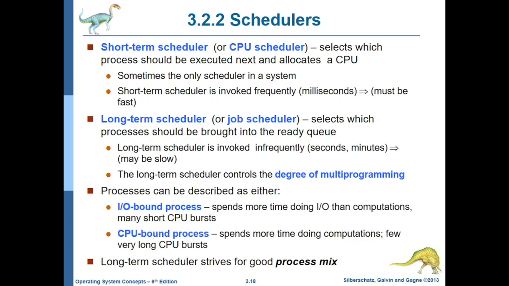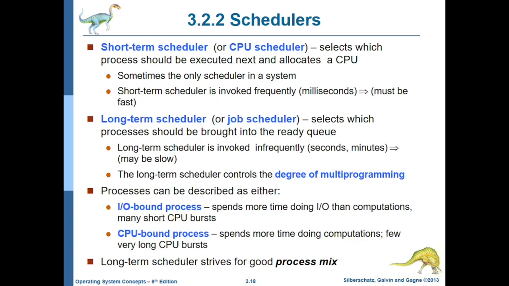The other type is the long-term scheduler, also called the job scheduler. So here, the long-term scheduler selects which processes should be brought into the ready queue from the pool of available processes.